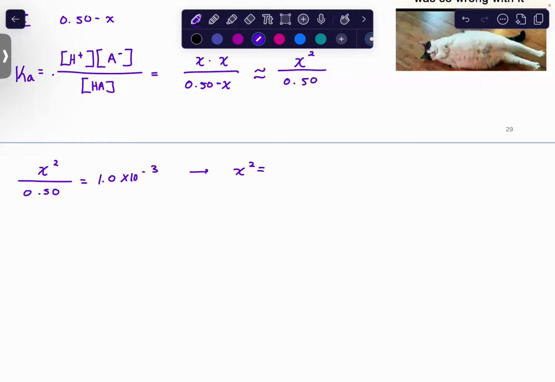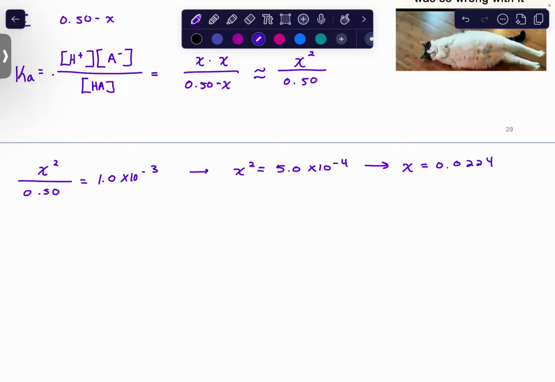X squared is going to be 5.0 times 10 to the negative fourth. Square root both sides, x is going to be 0.0224.